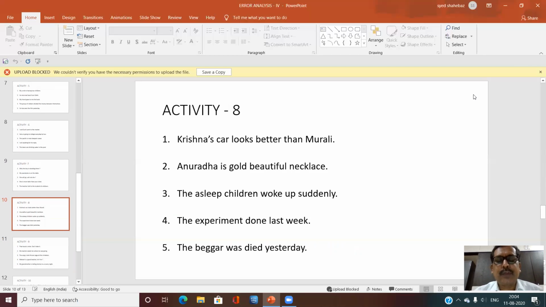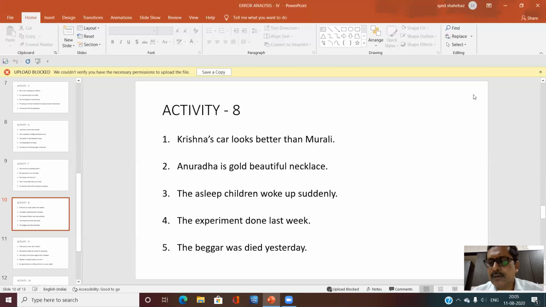Coming to activity A. Krishna's car looks better than Murali. Here, the mistake is the construction of the sentence from the syntax point of view.